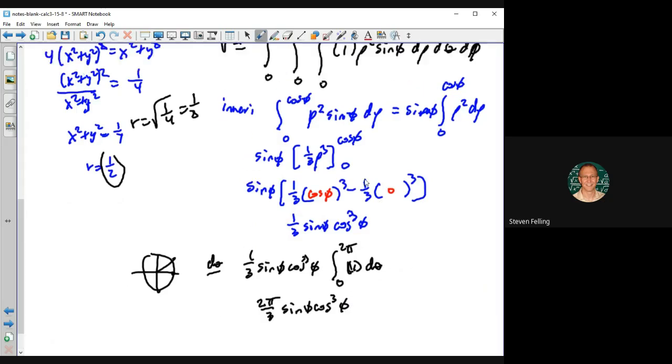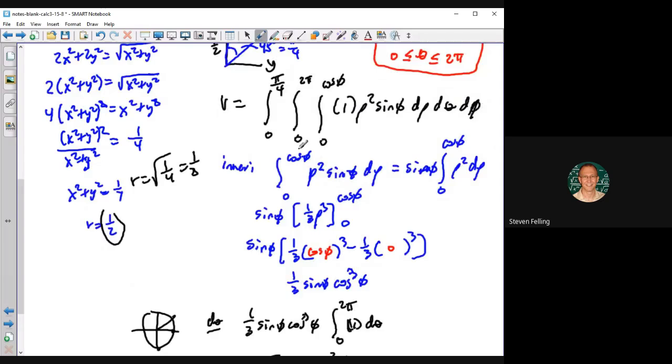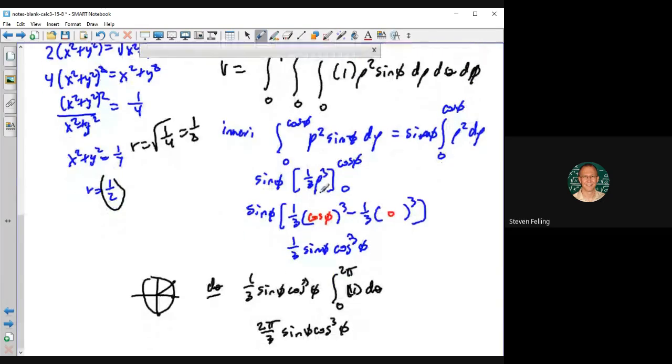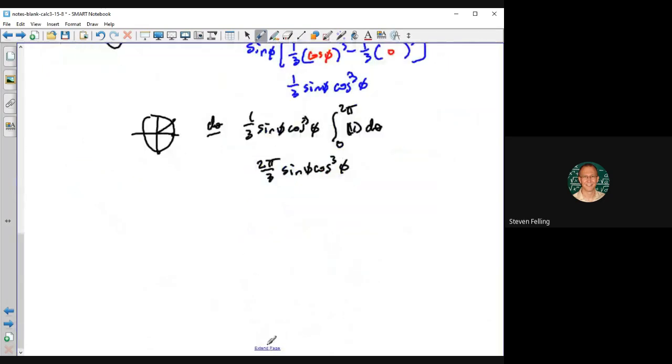And then for the phi integral, it's 0 to pi over 4. The 2 pi over 3 is definitely a constant, but we have to go from 0 to pi over 4 of, let me write it this way, cosine cubed phi sine phi d phi.